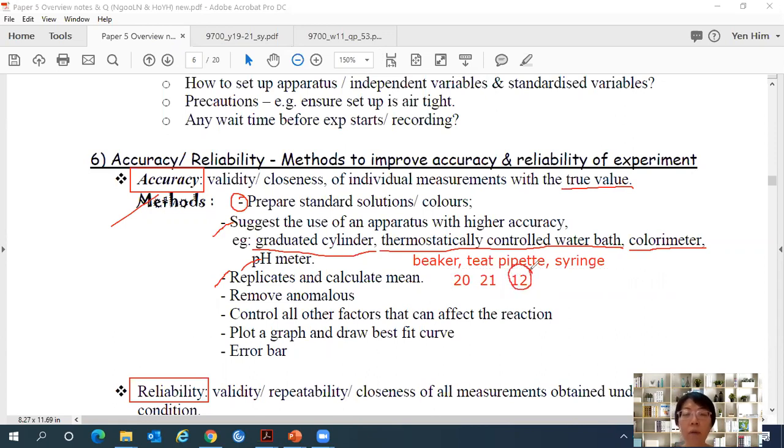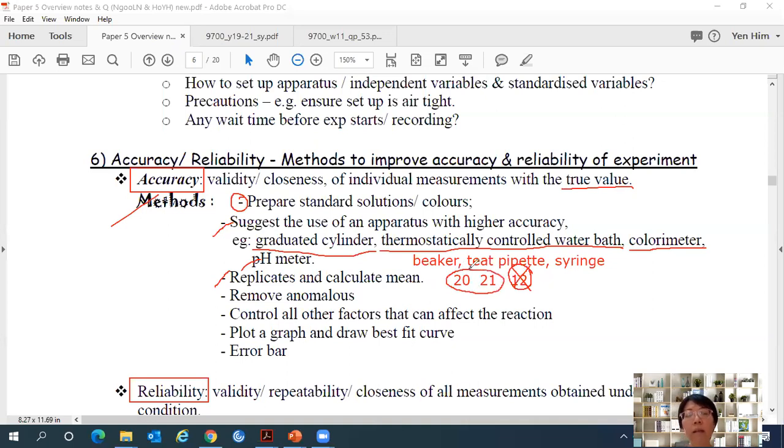So when you calculate your mean, you will no longer take number 12 to calculate, because straight away between the 3, you already see that this one is not aligned with the reading of the rest of them. So you will actually remove it before you calculate the mean.